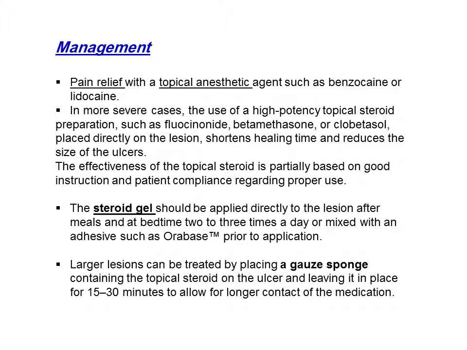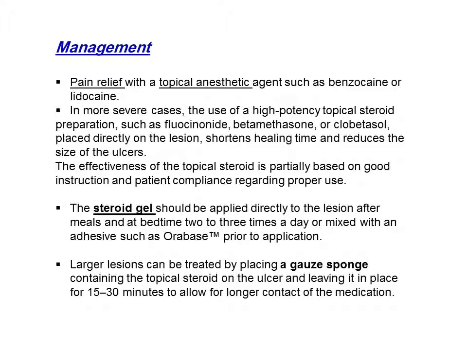The steroid gel should be applied directly on the lesion, after meals and at bedtime, 2 to 3 times a day, or it may be mixed with an adhesive such as Orobase prior to application. The most widely used is Kenalog in Orobase.